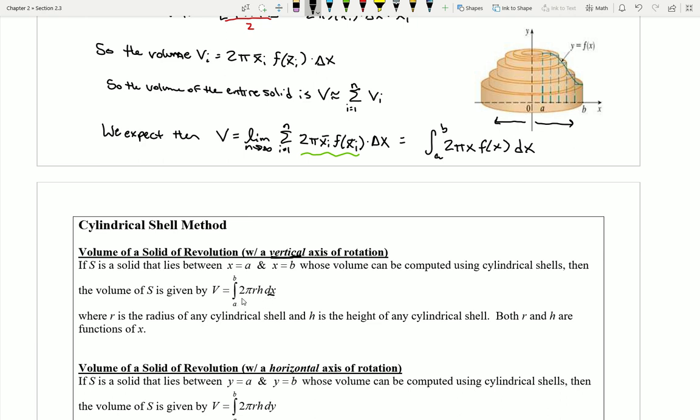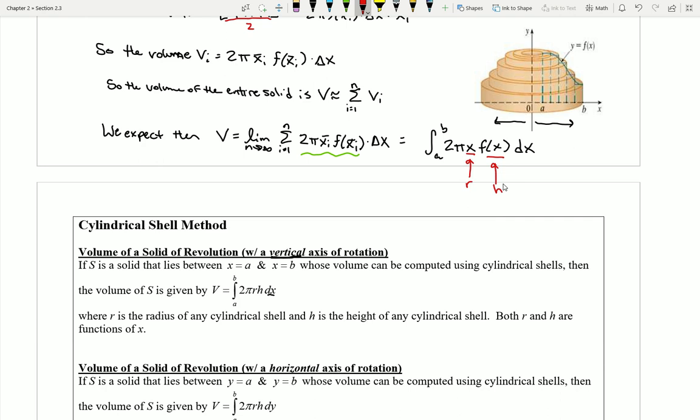And you'll notice here that I have a slight modification of the formula or the integral that I had in the previous page. Notice I still have the 2 pi, I still have the bounds of a to b, but I've replaced this value of x with an r, and this value of f of x with an h.